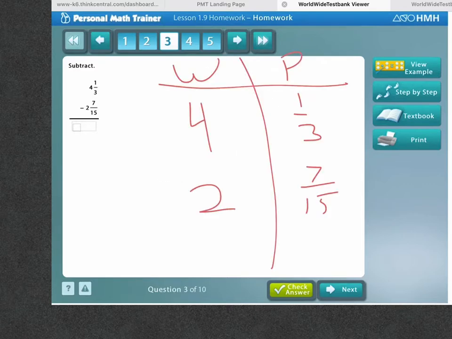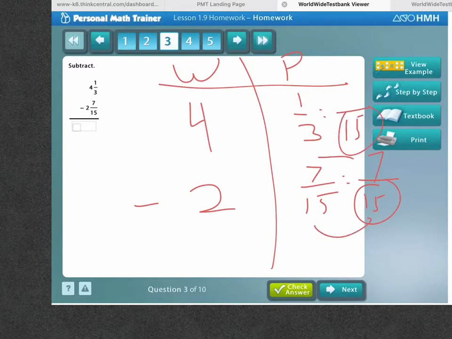First step I do is I write the problem vertically so that I can compare these fractions. So I'm looking for a common denominator between 3 and 15, and I know that 3 times 5 is 15, so I know that it's going to be a multiple, so I know that my common denominator is going to be 15ths. This fraction doesn't change because it's the same denominator.